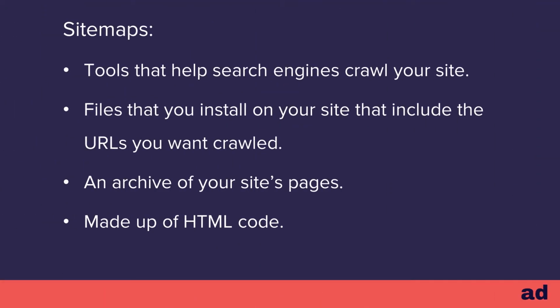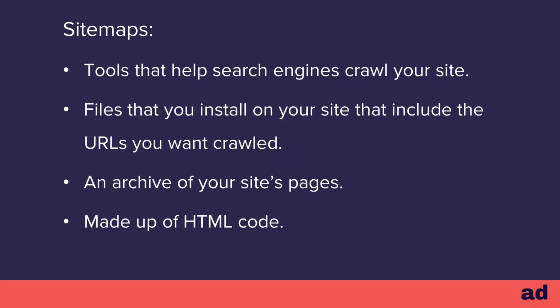We're going to start with sitemaps, and it seems prudent to start with the most basic question. What are sitemaps? Essentially, sitemaps are tools with which you can give crawlers a helping hand when crawling your site. They're files that you can install on your site, which include all of your website's individual URLs.